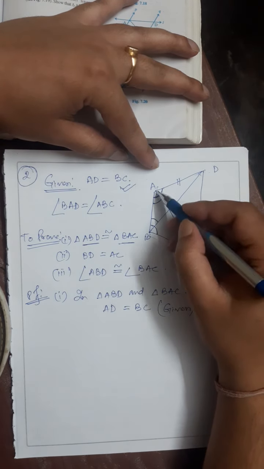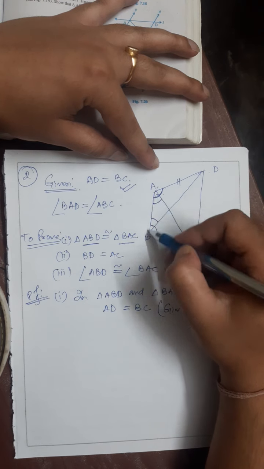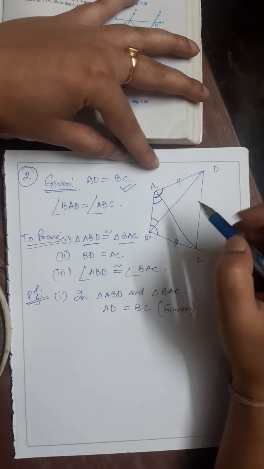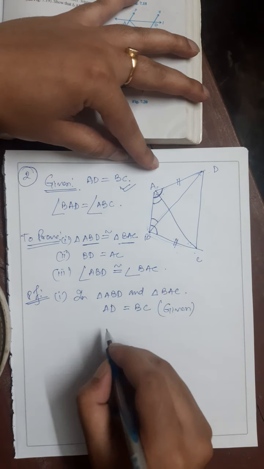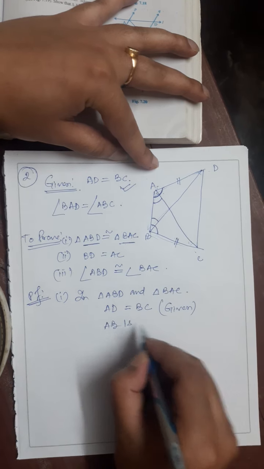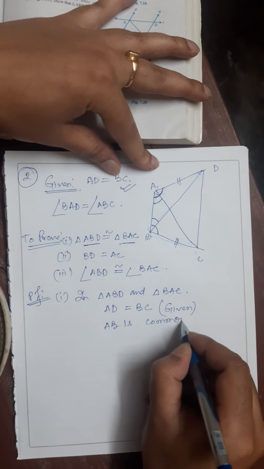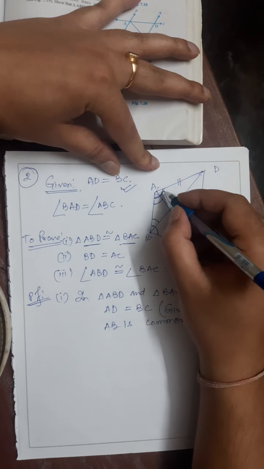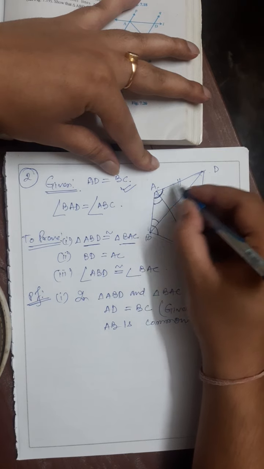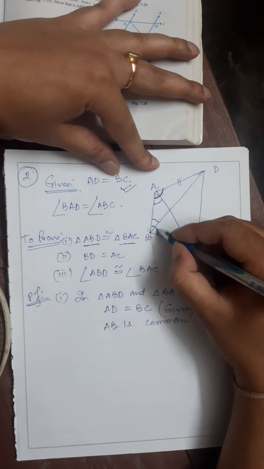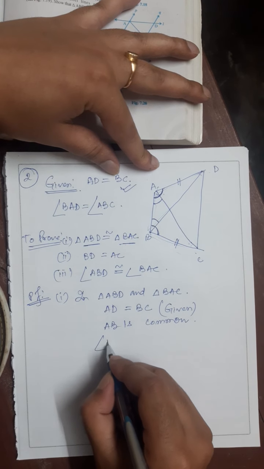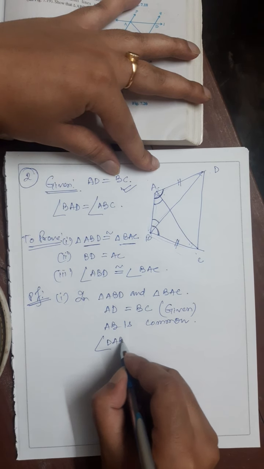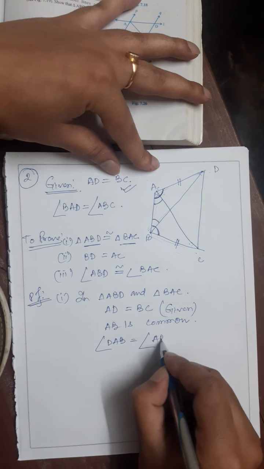Second, you can see the side AB is common to both triangles. So we will write AB is common. And the third is angle A of this triangle is equal to angle B of the second triangle. So this is angle DAB is equal to angle ABC.